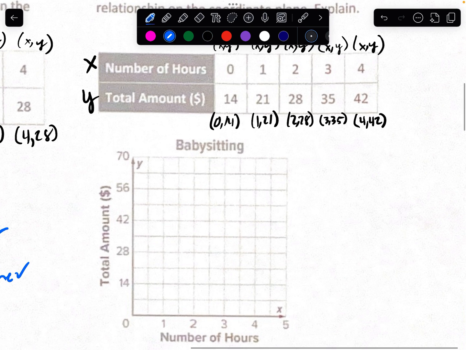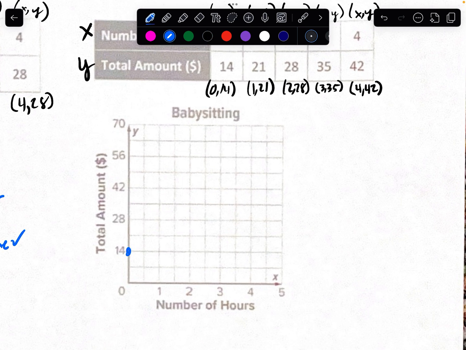And then I'm going to start plotting my points. At 0, I go up 14, at 1, 21, which it looks like it's going up by 7. So 7, 21, 35, 49, and then, why am I blanking? That's probably good enough.